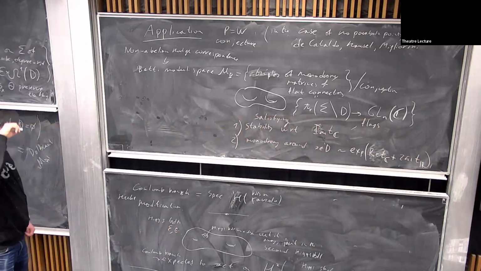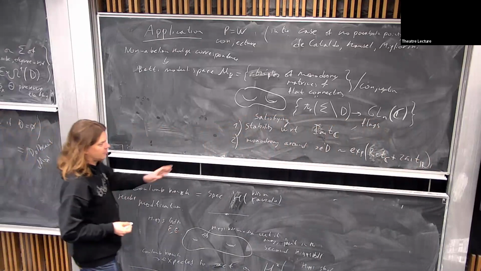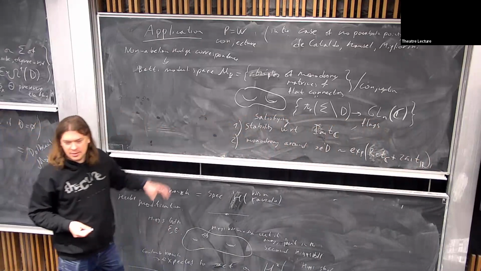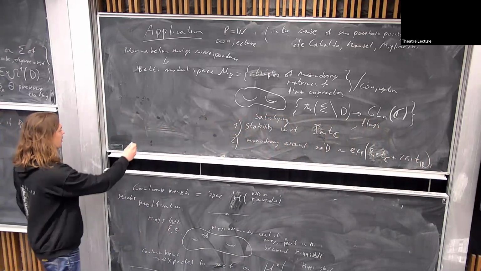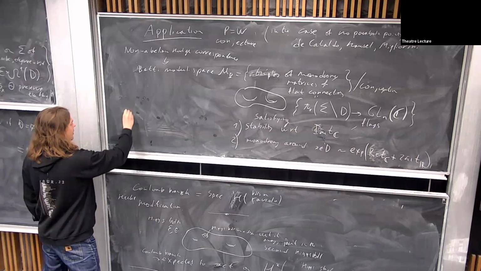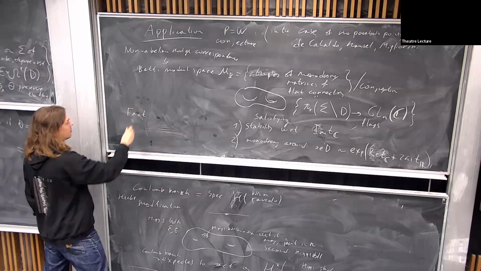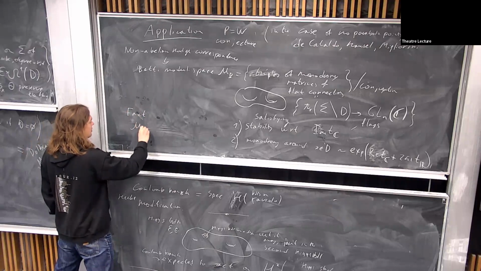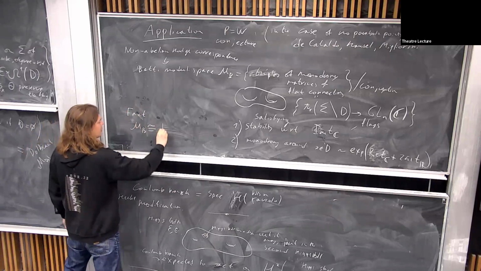There's some complicated transformation of parameters, but in the end the parameters all match. And the fact of this non-abelian Hodge theory is that M_B is diffeomorphic to M_Dolbeault.